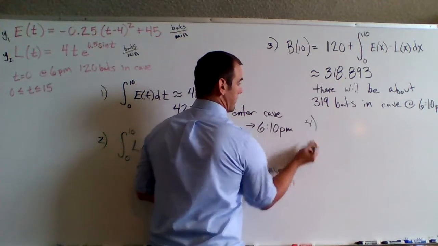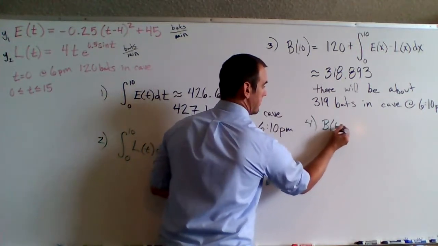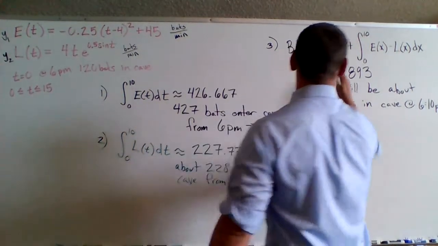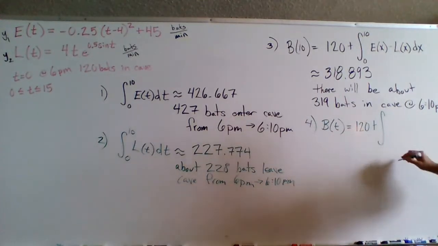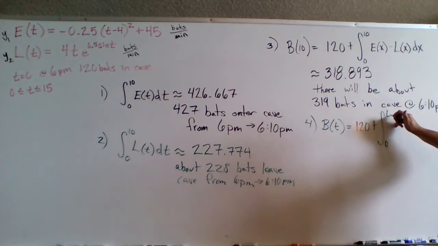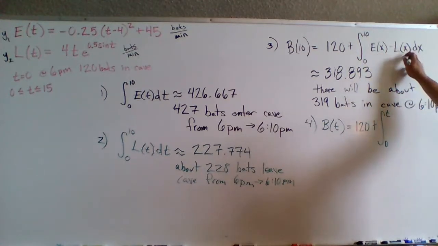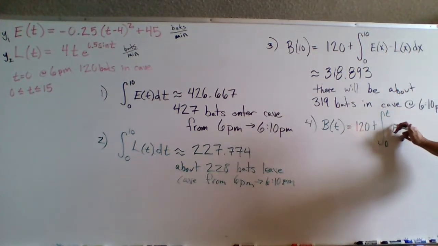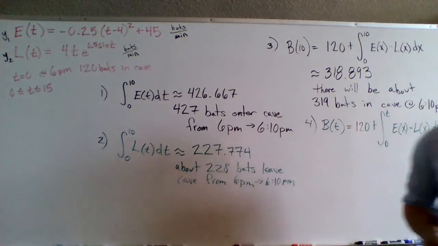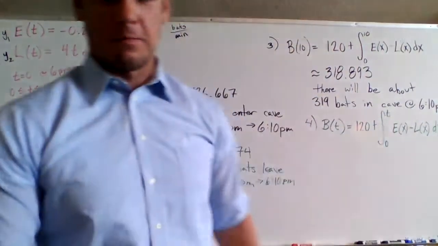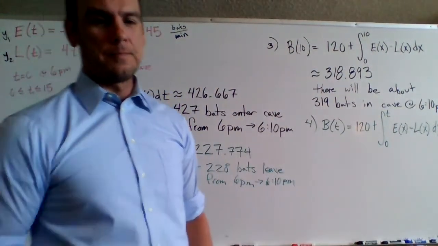So that's all we need to do for 4 is say B of t is going to equal 120 plus our integral. Okay, so from 0 to t here, so these cannot be t's, which is why I already had e of x minus L of x dx. Okay, that's all it's really asking you to do on number 4.